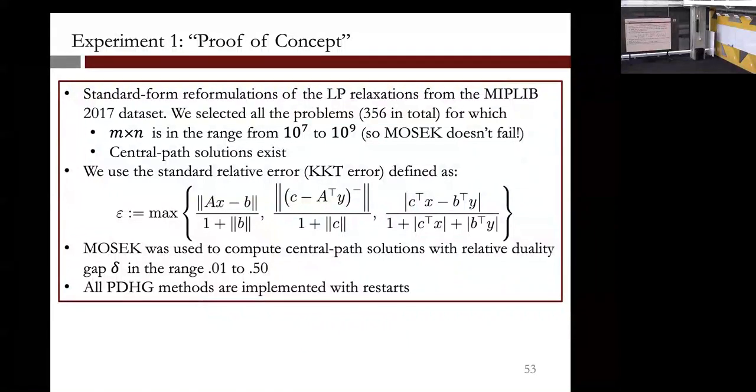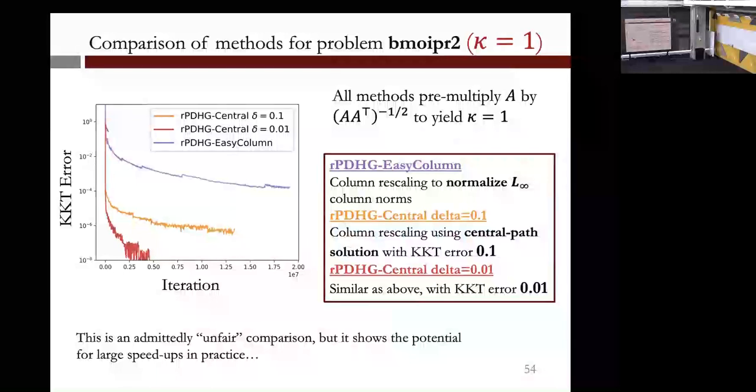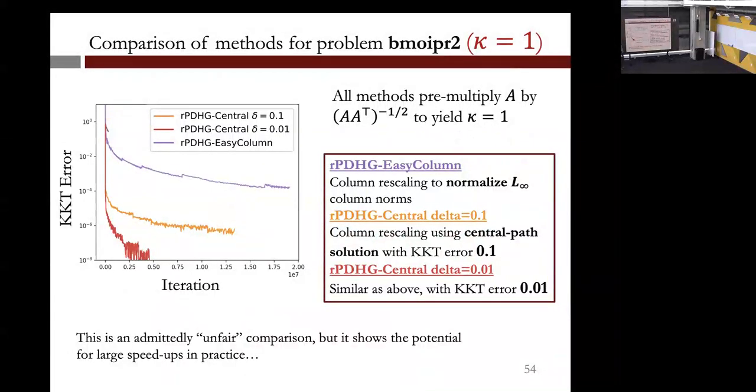We used MOSEK at first to solve the interior point method problem to see if it all is going to work, but eventually we're going to come up with our own problems to do this. So here was a typical problem. Here was basic restarted PDHG with what's called easy column rescaling, which I won't get into, but it's just a heuristic for rescaling columns.